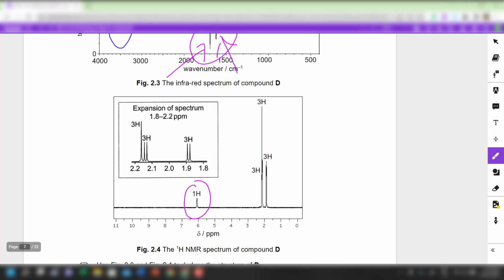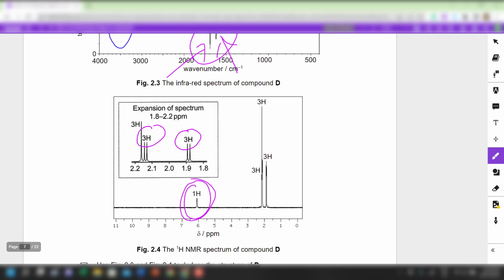Then we have an expansion of the spectrum from 1.8 to 2.2 ppm, and you notice that the CH3 signal, because 3H is likely due to a CH3 signal, is split into a doublet. They are likely to be split by the 1H that is over here, what we called the vinylic proton earlier on.